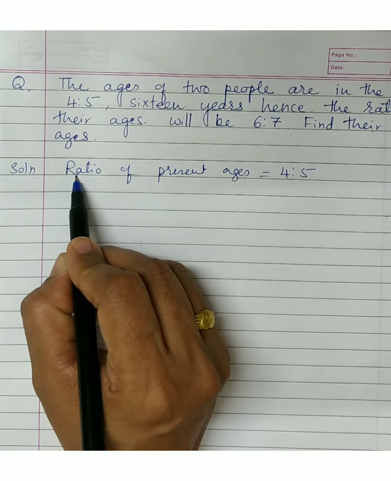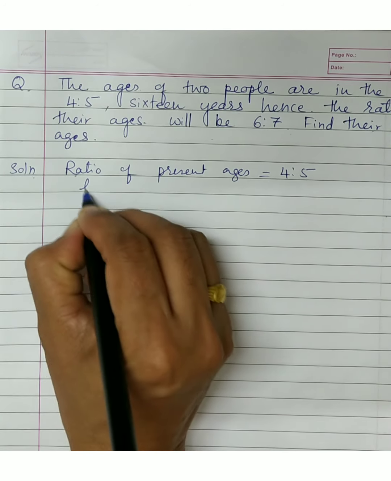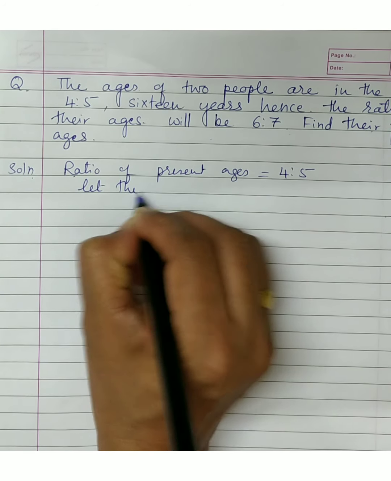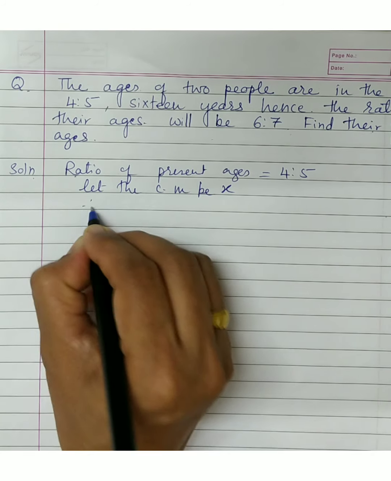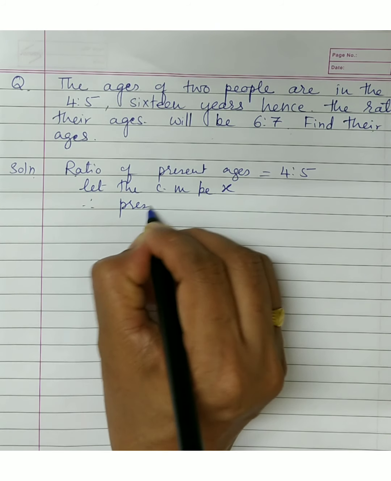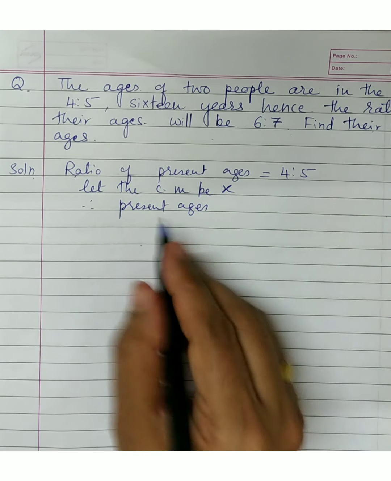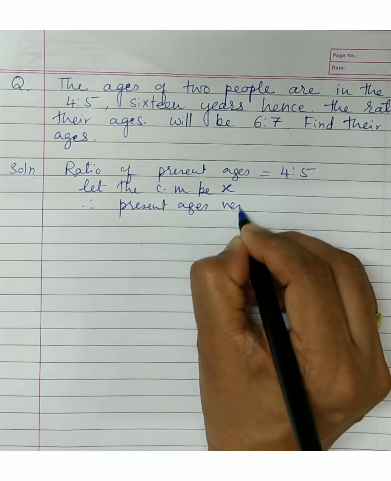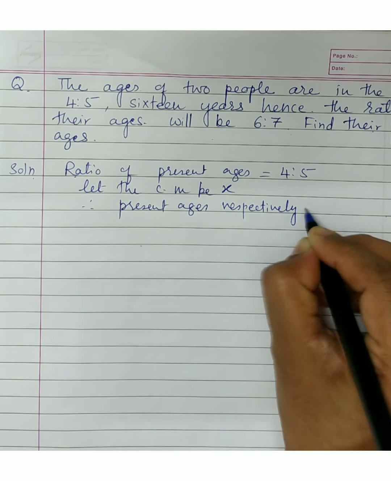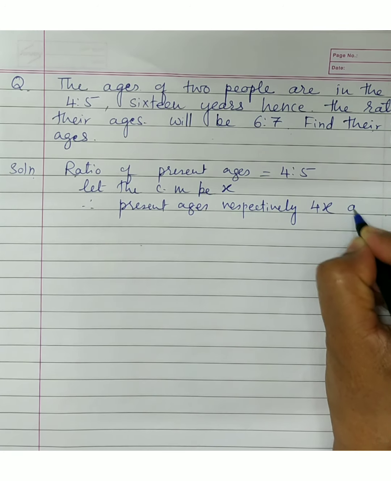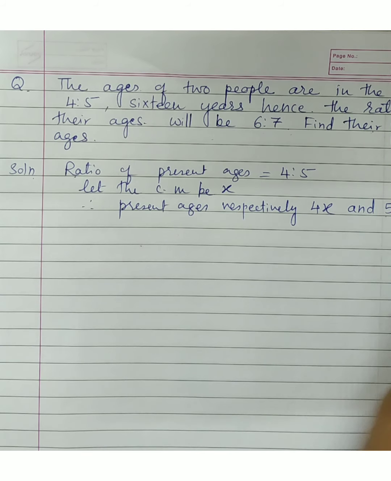So first let us note down ratio of present ages 4:5. Then I'll assume let the common multiple be x. So what would be their present ages respectively? Names etc. are not mentioned, so we'll go in that flow. So present ages respectively will be 4x and 5x years, right?